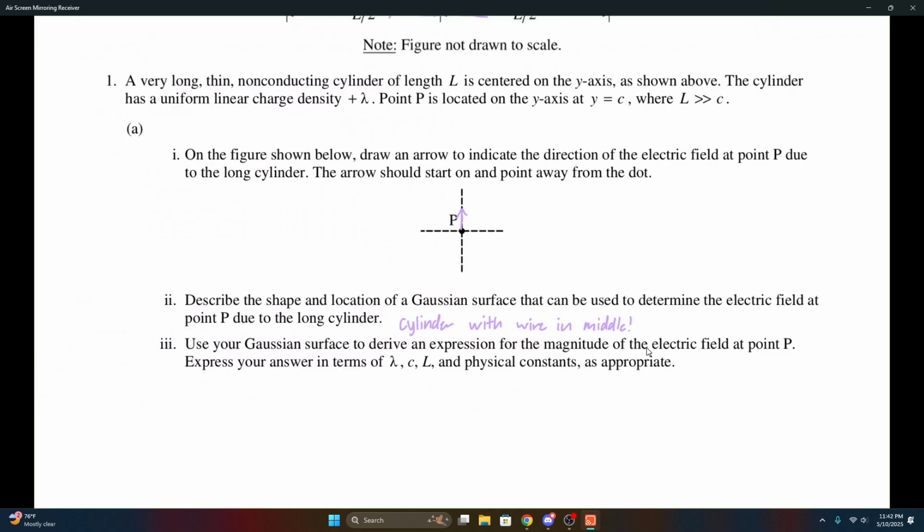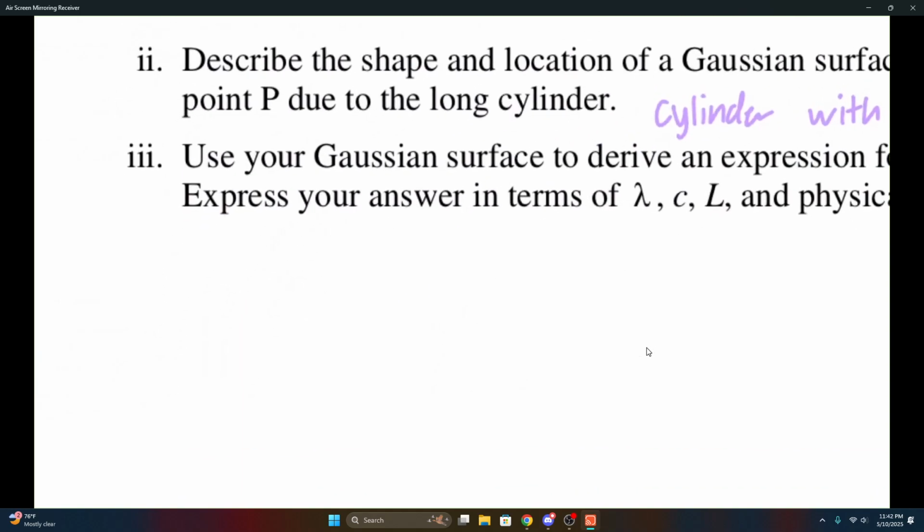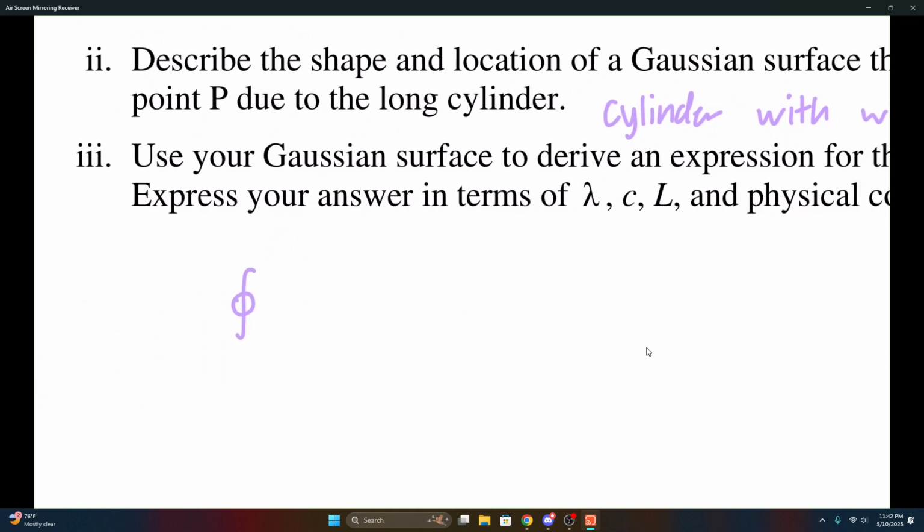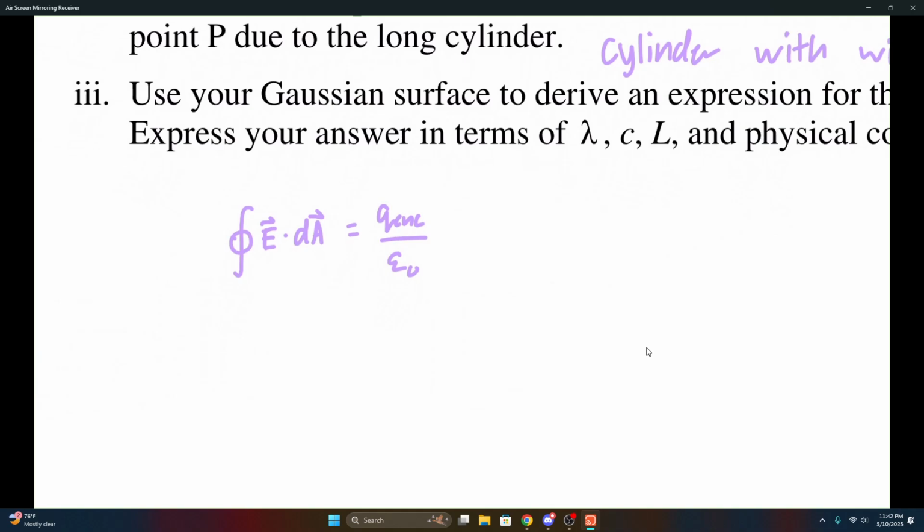Okay, let's use Gauss's law to determine the field at point P. So Gauss's law is the surface integral of E dot dA equals Q enclosed over epsilon naught.